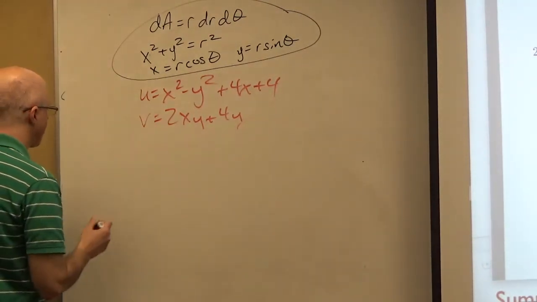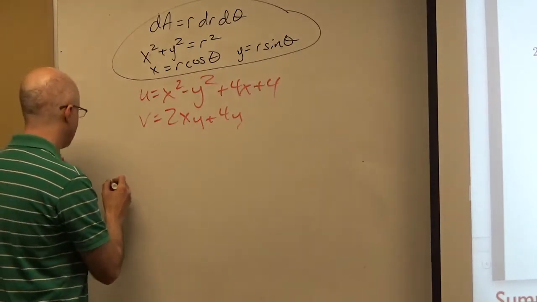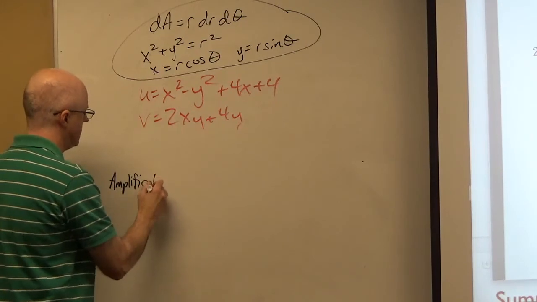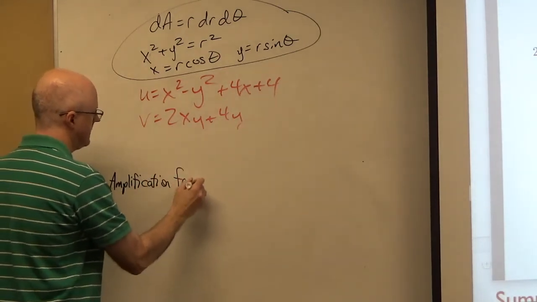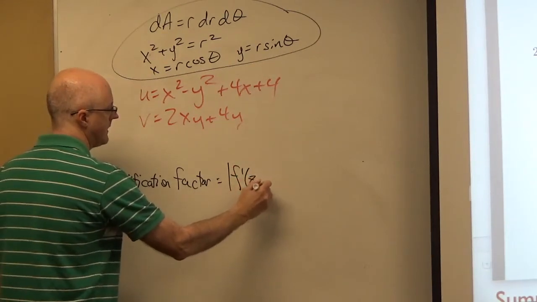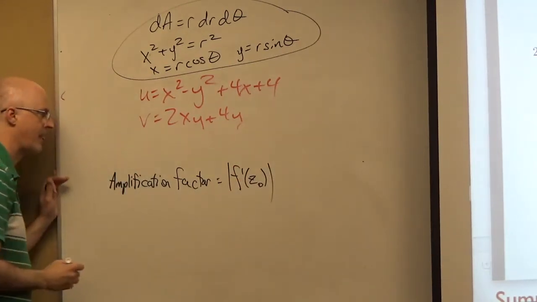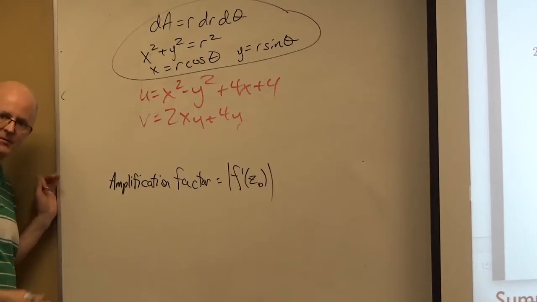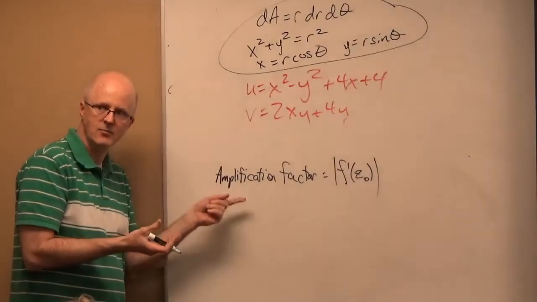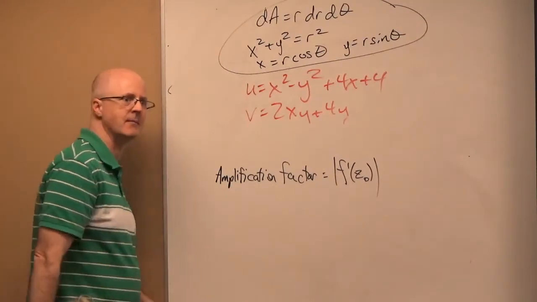And the amplification factor is the modulus of the derivative at the point. That can be less than 1, so the amplification can actually be a shrinking. This is like 0.1 or something, and you're shrinking them by a factor of 10.